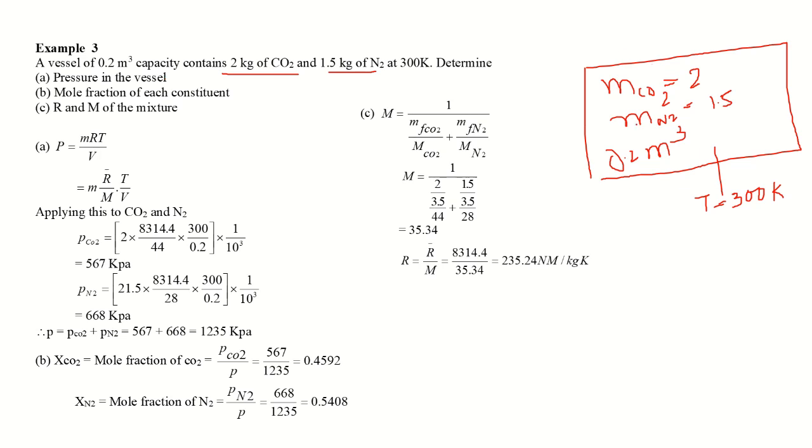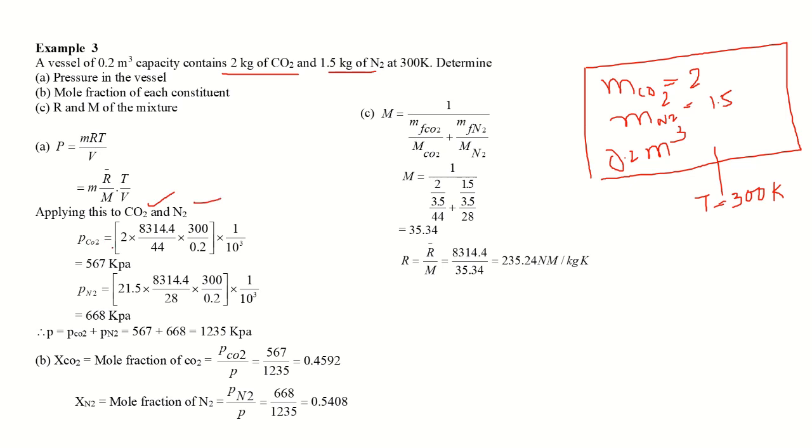So we have to get the partial pressures of these constituents and add them up. So we'll get the pressure in the vessel, the mole fraction of each constituent, and R and M of the mixture. First, pressure in the vessel, P is equal to mRT by V. m is the mass, R is R bar by molecular weight, times T by V. Now for carbon dioxide, we'll use this equation.